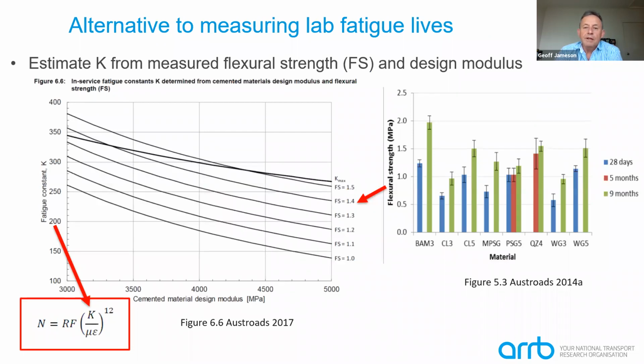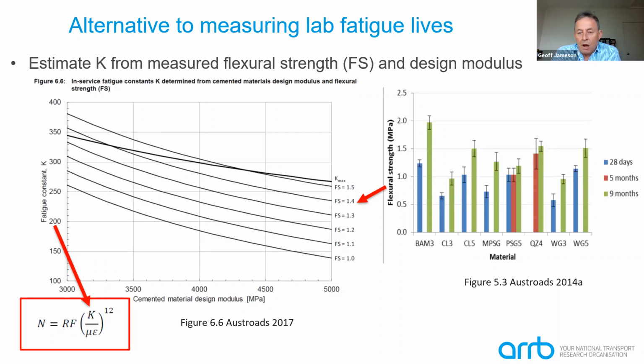Now, if you don't have an ability to actually measure the lab fatigue lives, there's a process that we have in the guide where you can estimate this K factor to use in your fatigue relationship from the measured flexural strength and the flexural modulus.